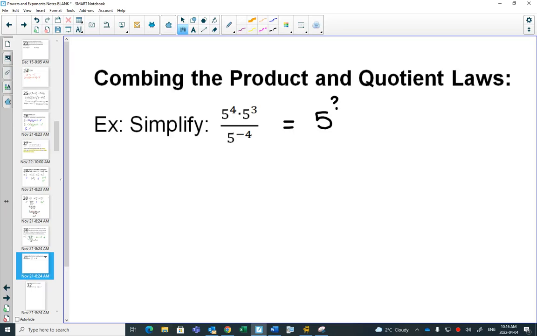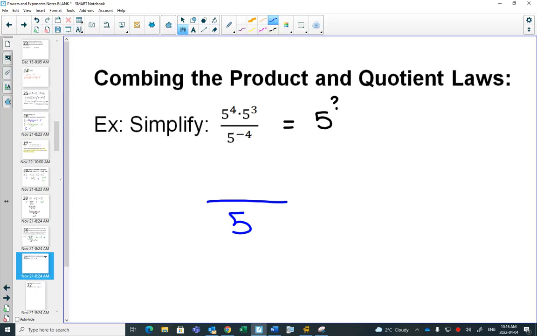So in order to find that, we might need to do this in more than one step. How many 5s are there on the top? There's 7 5s on the top. Good. That's your product rule. The bases are the same. You can add your exponents.